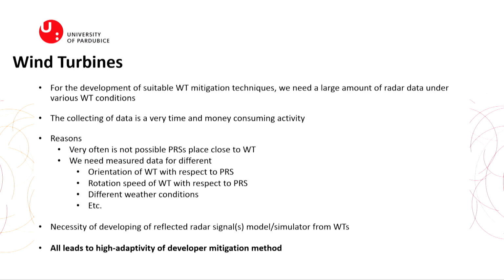Imagine you have access to a wind turbine and around it in a circle is some road. Okay, then I can move and measure from different angles, waiting for different speeds of rotation, but it is not possible in a real radar environment, because there is no such road.